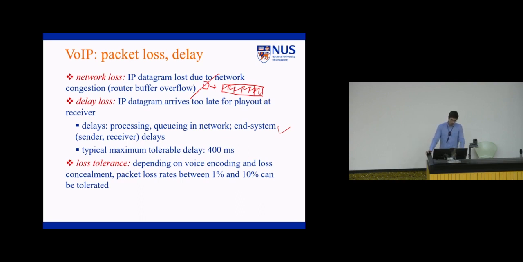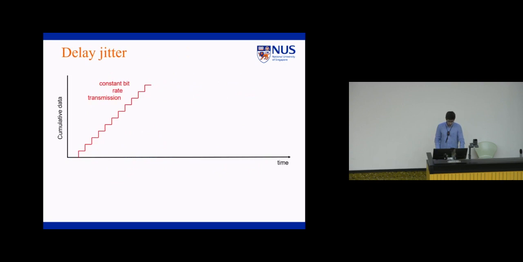So we can tolerate about 10% packet loss rate. And we have ways to improve on packet loss with certain methods like forward error correction coding and interleaving. And we're going to see those later on.